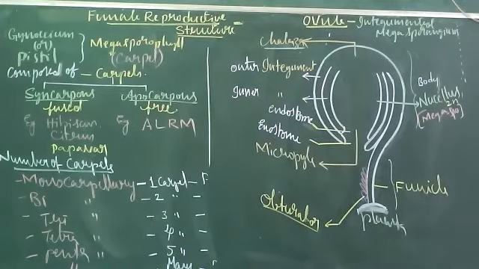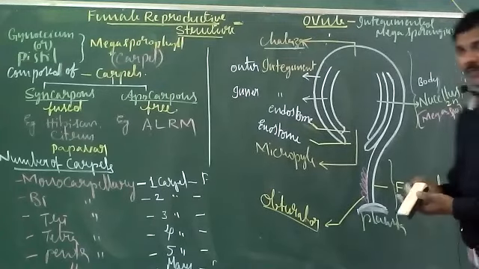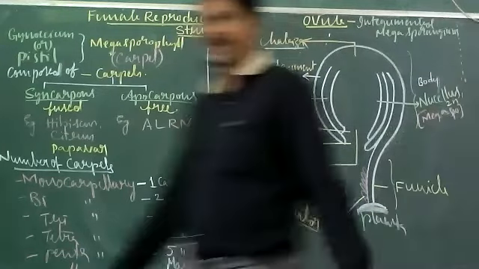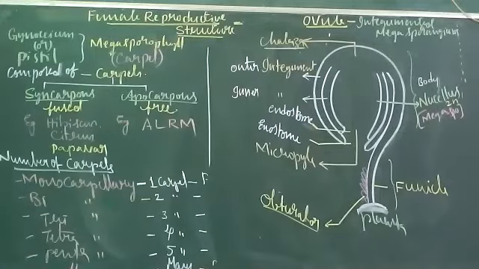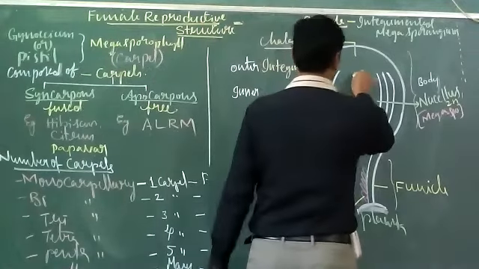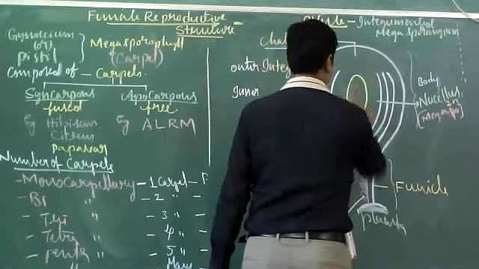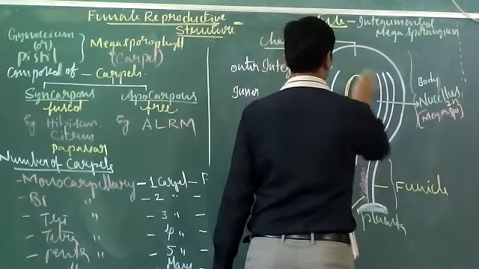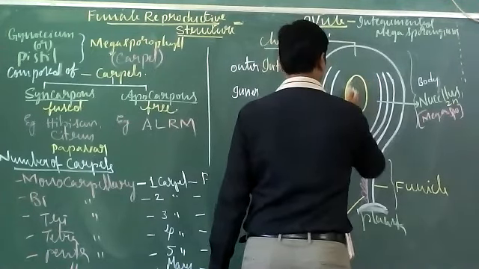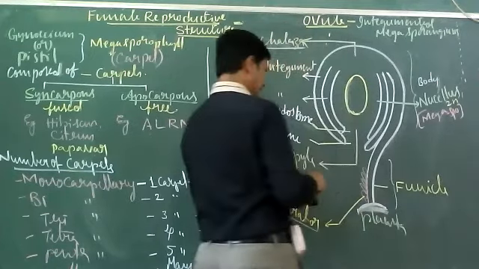And then, in the case of a mature ovule, you can see the presence of the female gametophyte. This is the female gametophyte.